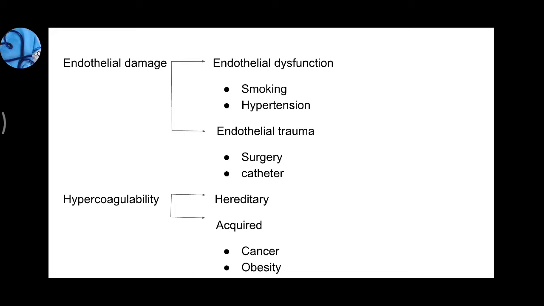Smoking and hypertension affect indirectly, causing endothelial dysfunction, whereas surgery and insertion of a catheter directly cause endothelial damage. Hypercoagulability has two sides, hereditary and acquired. Protein C and S deficiency come under hereditary hypercoagulability, while cancer, obesity, and pregnancy come under acquired hypercoagulability.